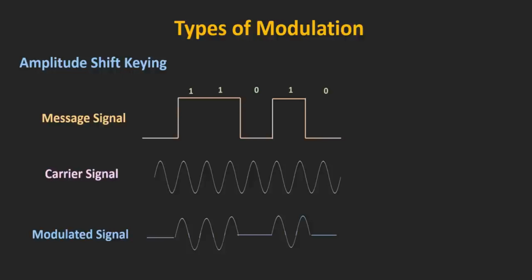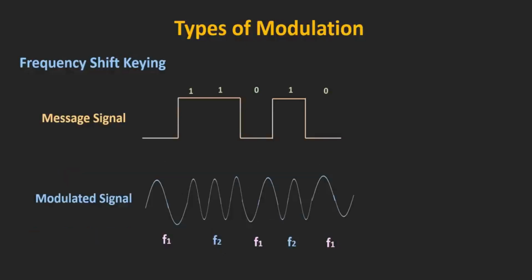In this scheme, binary 1 is represented by a fixed amplitude of the carrier wave, while binary 0 is represented by 0. Similarly, in frequency shift keying, the frequency of the modulated signal changes according to the digital bit stream. Here binary 1 is represented by one frequency, while binary 0 is represented by a different frequency.